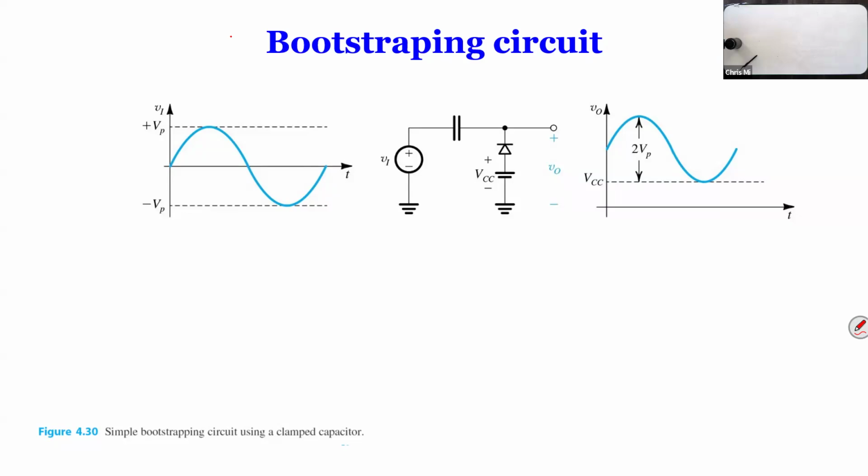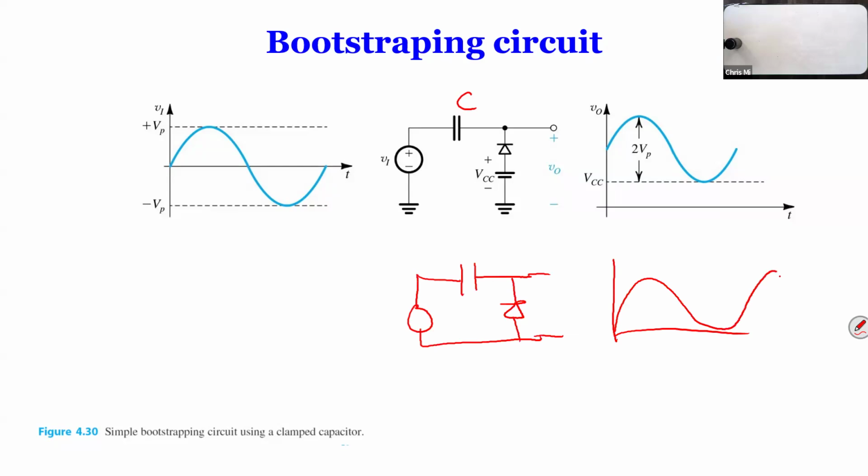The easiest way to do it is to simply add a capacitor, C, and also a DC voltage source. If you don't have this voltage, like in the previous slide, what do you get? It's going to shift everything up, right?